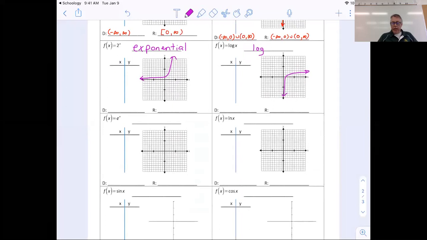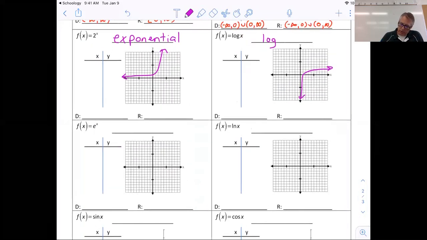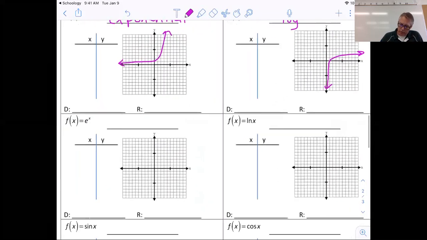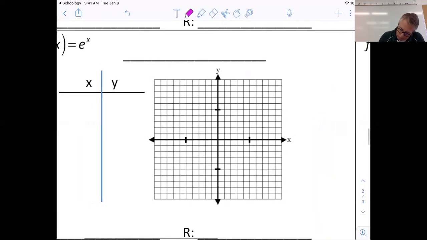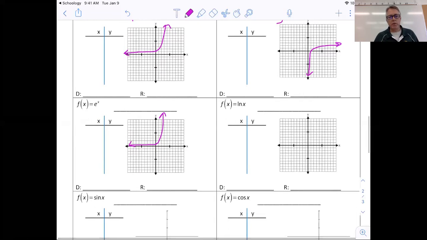So the nice thing is e to the x is also an exponential function. That's going to look the same way. E to the x goes through 0, 1. Same basic shape. We'll get much more into specifics later.